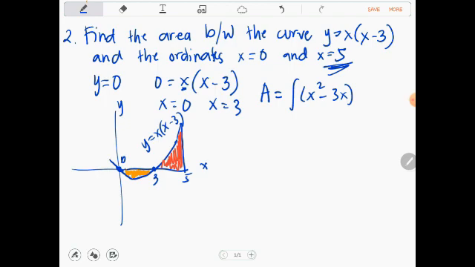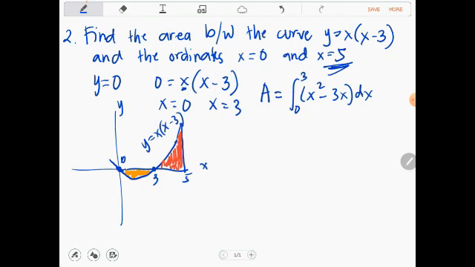By the way, ba't naging ganyan yung aking function, because nag-multiply tayo, no? Before that, meron tayong y is equals to x multiplied by quantity x minus 3. So, this would be distributive property ito, no? So, this is x squared minus 3x. So, pwedeng ganon. Okay? So, you can replace that. So, area of A is the integral, quantity x squared minus 3x, dx, of course. And ang ating boundary is 0 to 3.